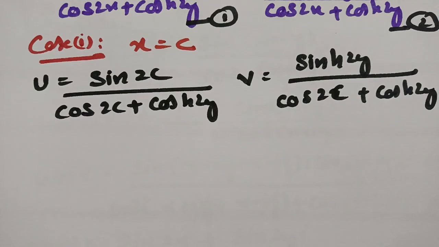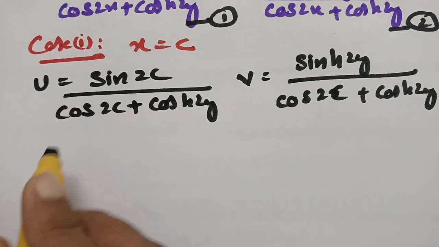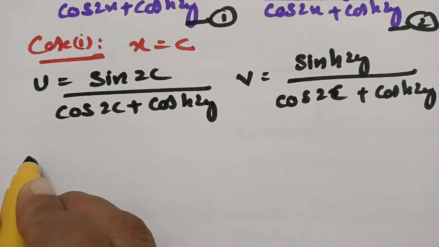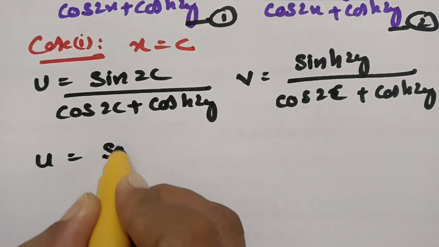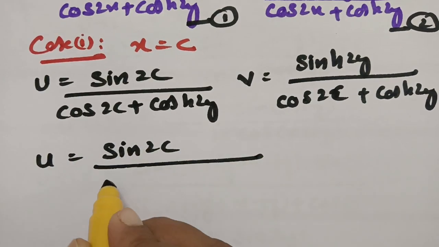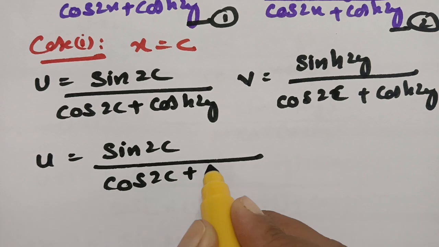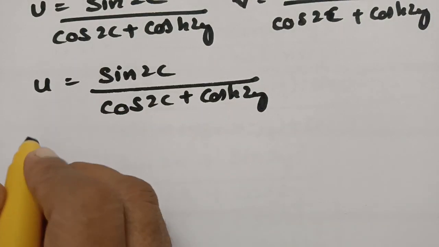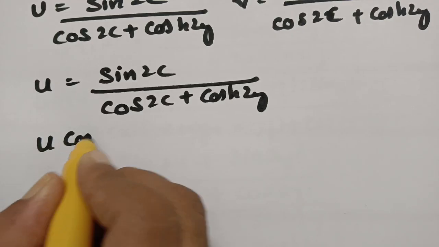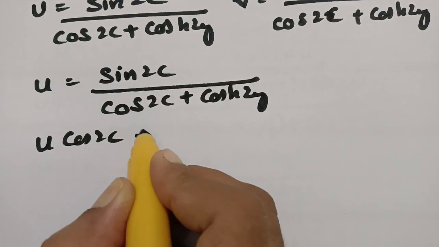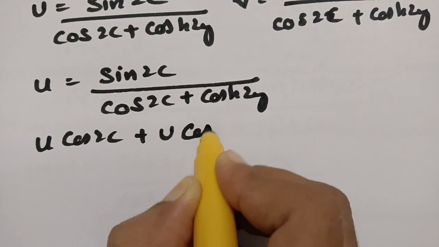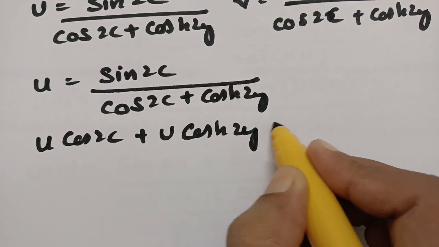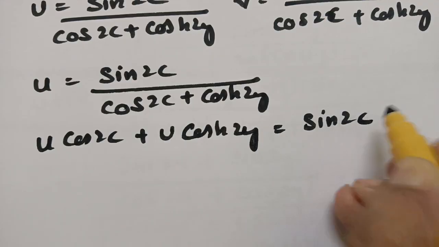I have to eliminate y, and therefore if I cross multiply, first taking the equation here, u is equal to sin 2c by cos 2c plus cosh 2y. So if I make a cross multiplication, then u cos 2c, and if I send this to the other side, u cosh 2y is equal to sin 2c.